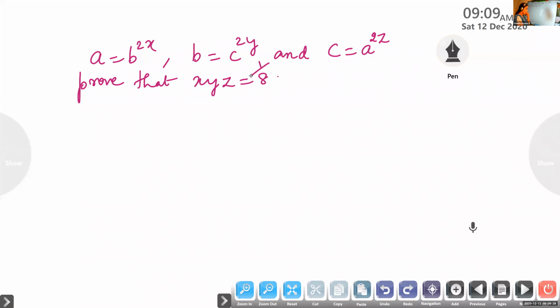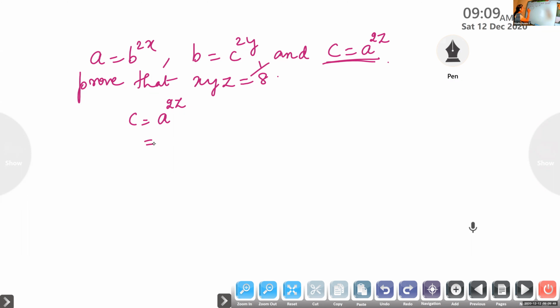How will you do this one? Okay, here I'm going to start with c. What is c? c is given as a raised to 2z.